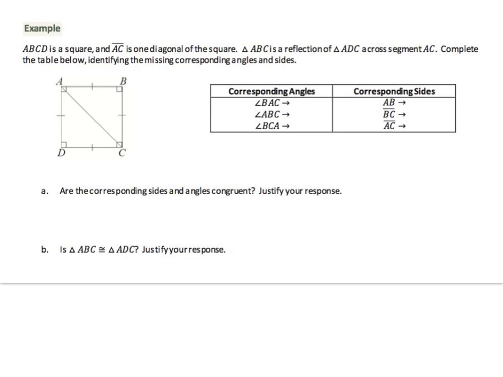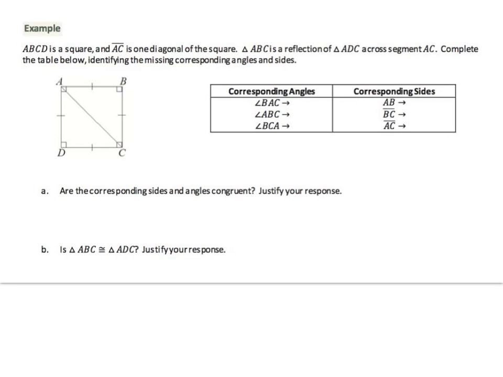All right, let's look through an example. Quadrilateral ABCD is actually a square, and segment AC is one diagonal of the square. Triangle ABC is a reflection of ADC across segment AC.